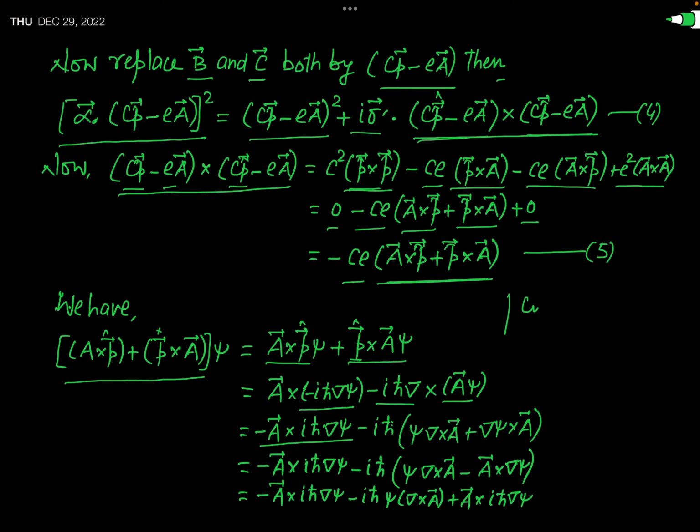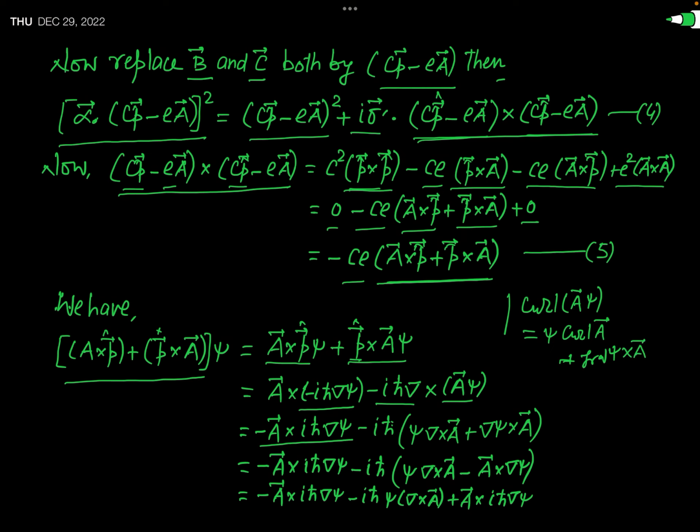Del, when you say del cross, that means curl of A psi, where psi is a scalar and A is a vector. And you know that curl of the product of a vector and a scalar is equal to what? This is psi times curl of A plus gradient of psi cross A, okay.